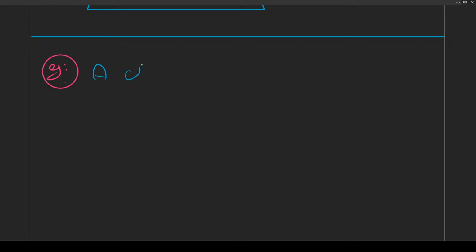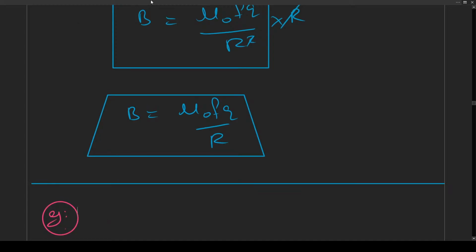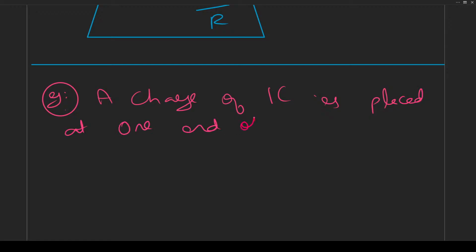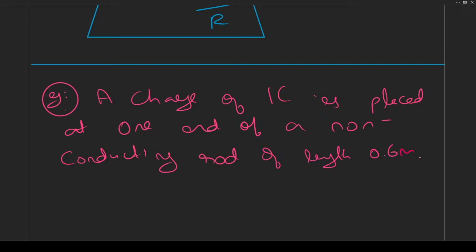A charge of 1 coulomb is placed at one end of a non-conducting rod of length 0.6 meter.